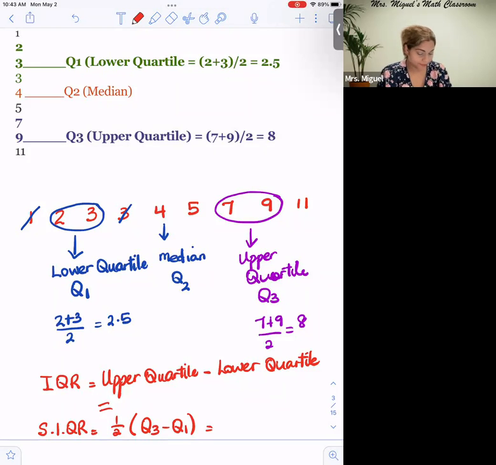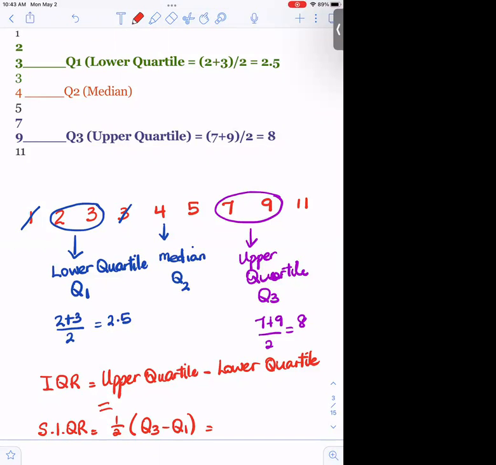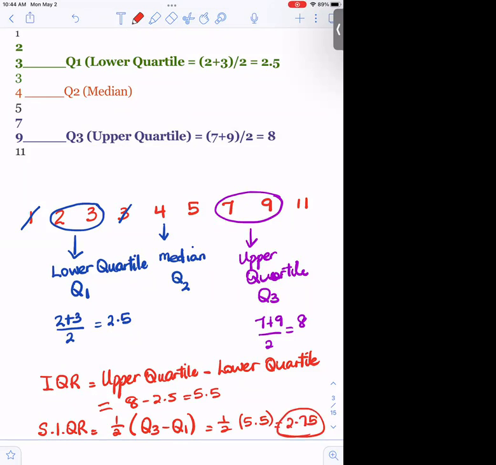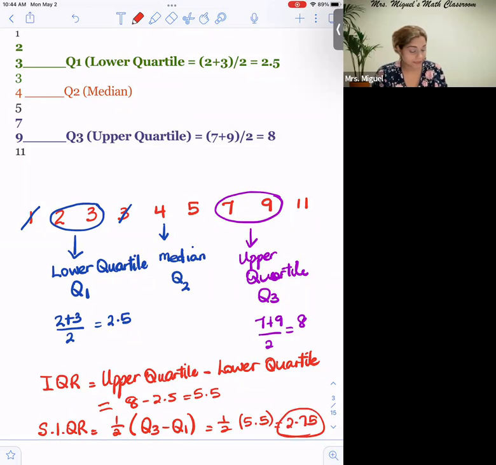Did anybody get a five and a half value? Yes. So 8 minus 2.5 is 5.5. And the semi-interquartile range will be half of 5.5, and the answer is 2.75. Did you all get that? Yes, miss.